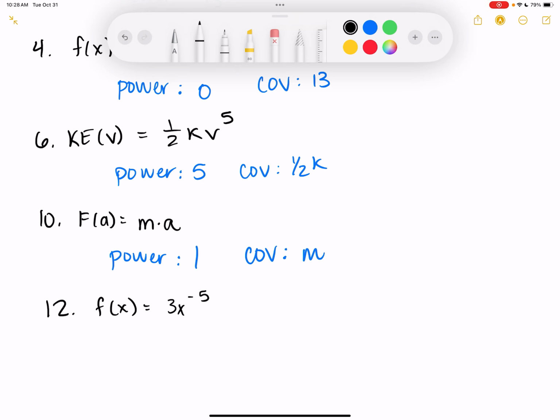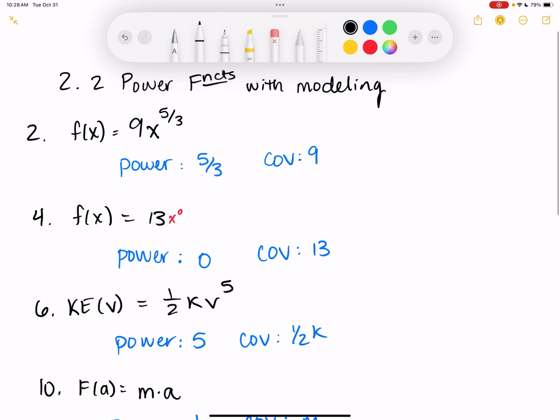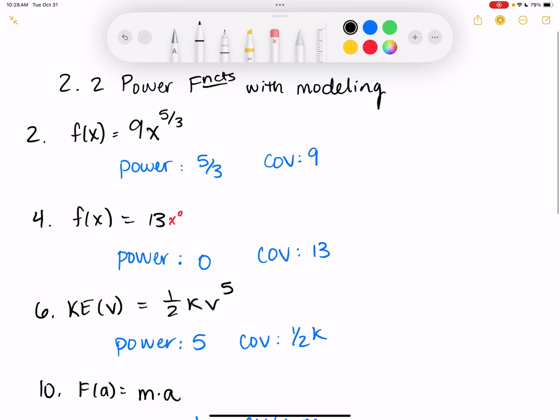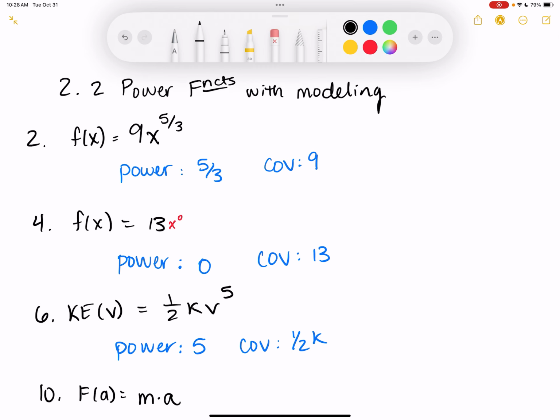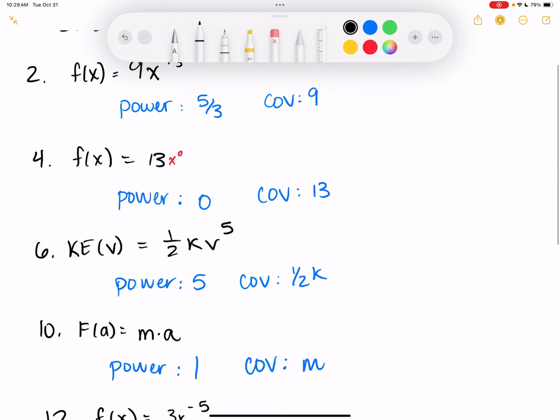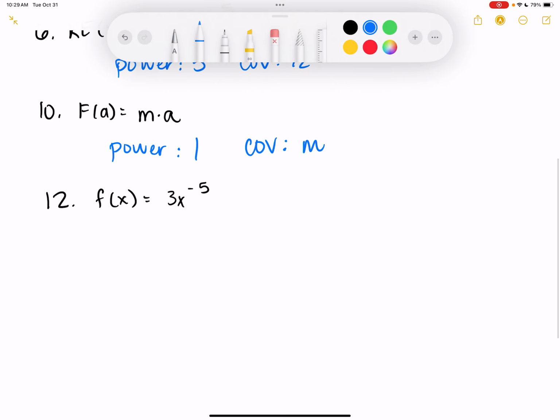And also, if there's a variable in the exponent, like with the first set of problems we did, any of the problems that had a variable as an exponent would not have been power functions. That was the difference. So this is not monomial because of a negative exponent.